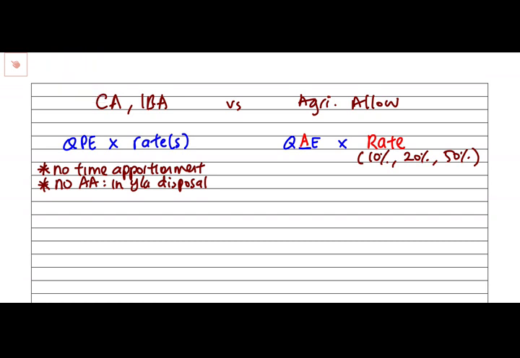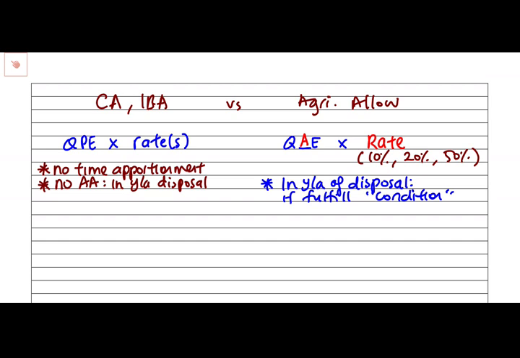And look at how different agriculture allowance is, okay? In the year of disposal, if you fulfill the condition, so you still have a condition actually, okay?